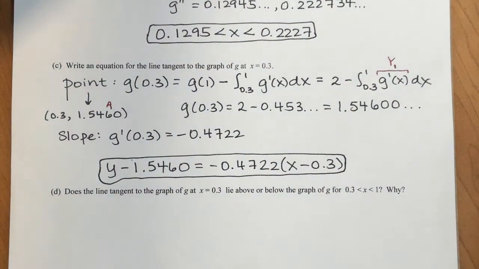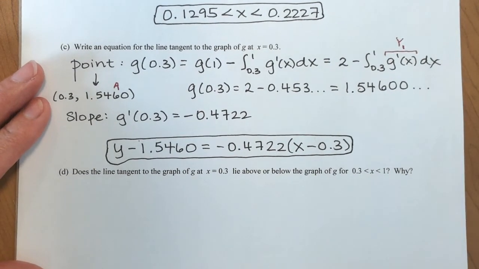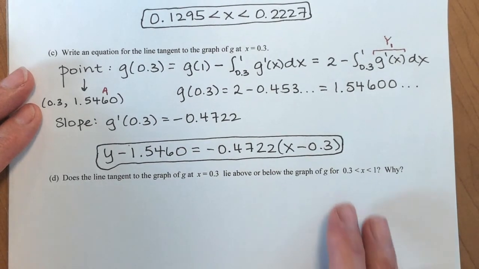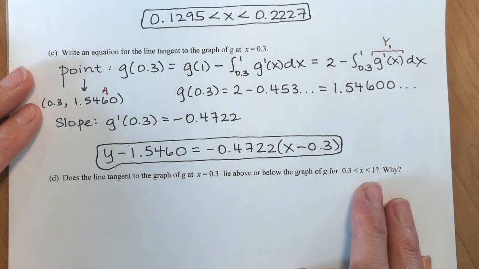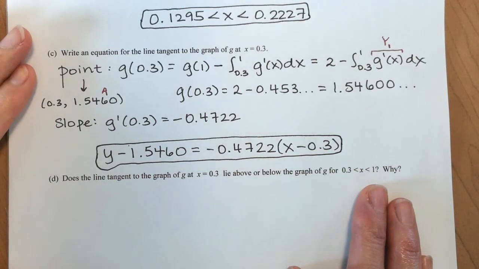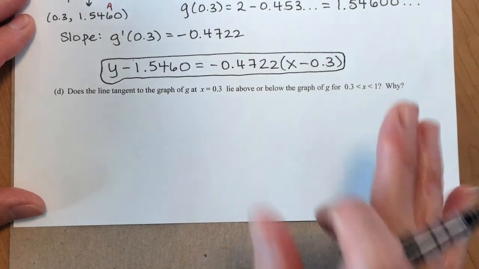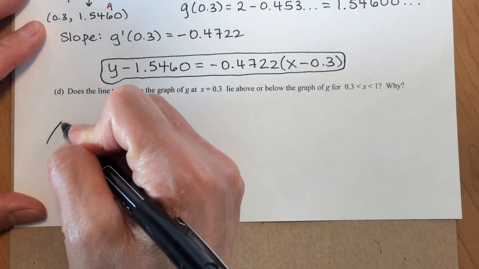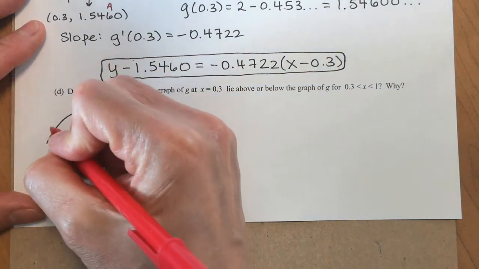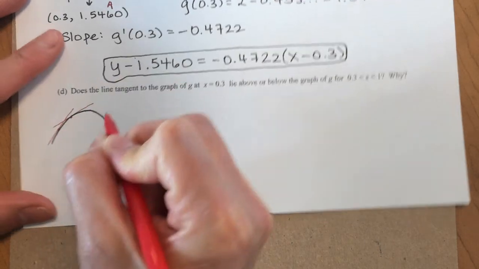Okay. All right, last part. Does the line tangent to the graph lie above or below the curve for x from 0.3 to 1? Okay, so if you can visualize how a tangent line looks along a curve, if a curve is concave down, then your tangent line always lies above the curve.